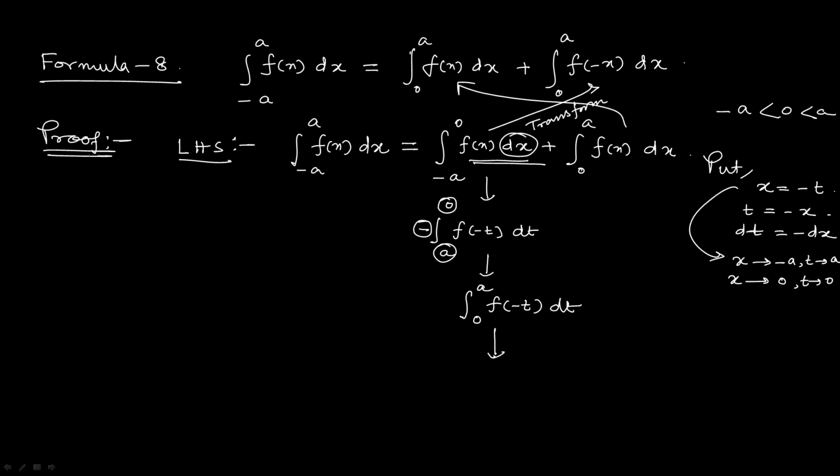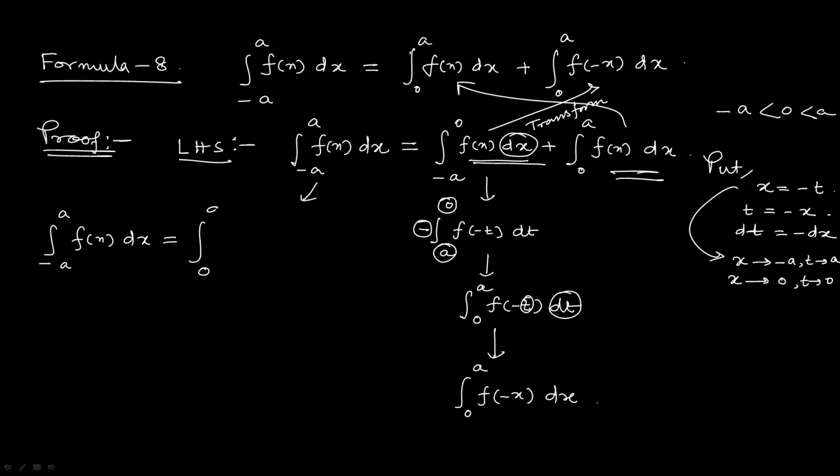Now from the first formula, this variable t and dt will be changed into x, so the integral from 0 to a of f(-x) dx. Let us write this formula again. The integral from -a to a of f(x) dx is equal to the integral from 0 to a of f(x) dx plus the integral from 0 to a of f(-x) dx.